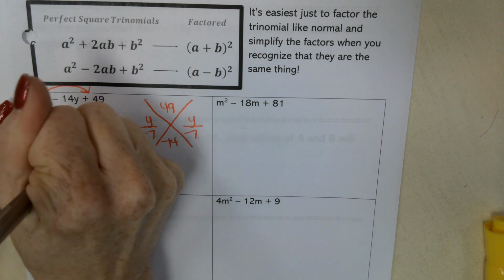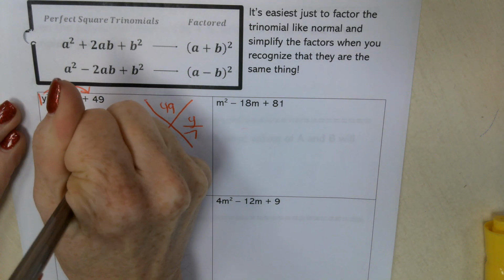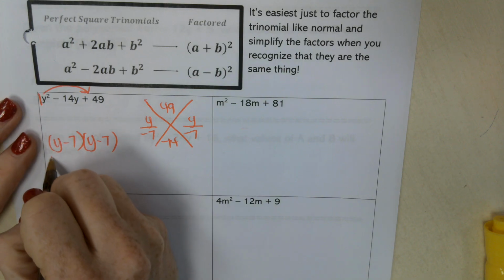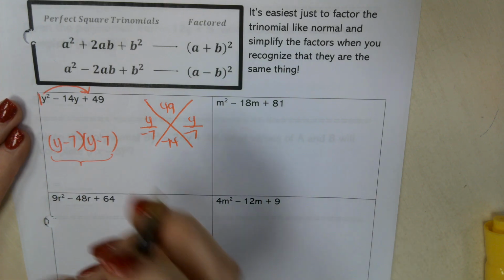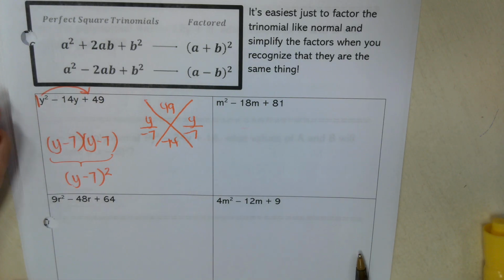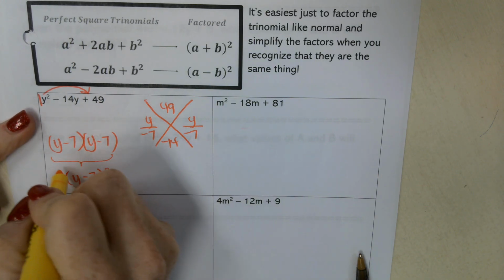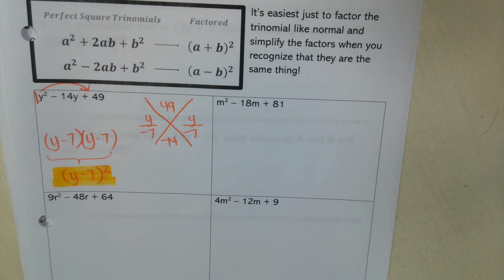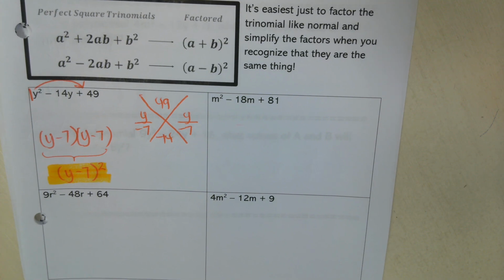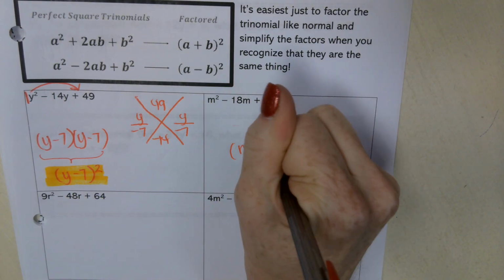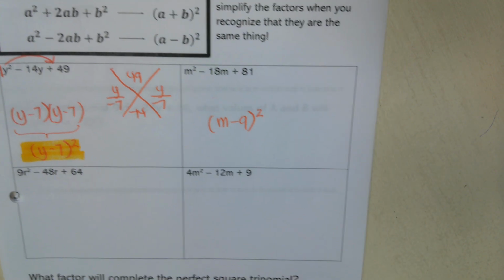So I have y minus 7 times y minus 7. Well, if I have the same thing, can't I simplify that? You can write y minus 7 to the second power. This is completely simplified. You want it in simplified form, okay? This one would be m minus 9 squared.